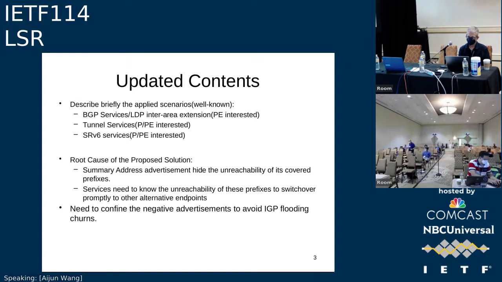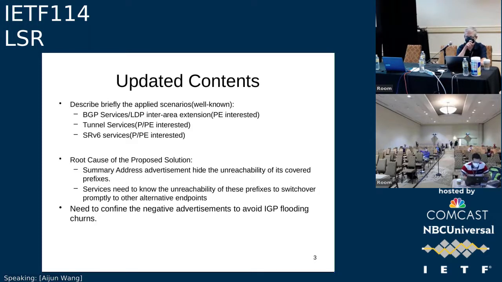The first is we briefly describe the applied scenarios, because in the main list discussion, many people wondered which services will use such information. I think the following three applications can use it. First is the BGP service, second is the tunnel service, and third is SRv6.